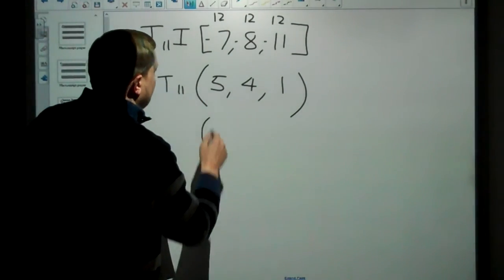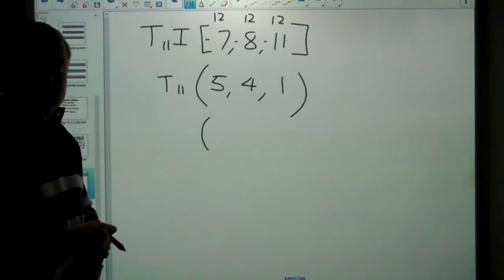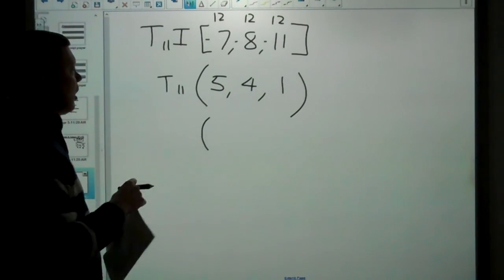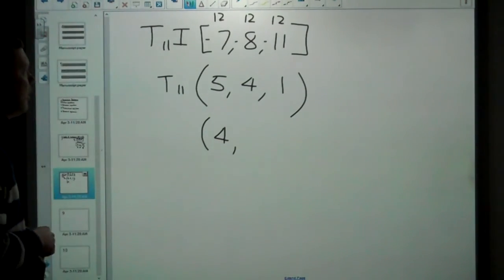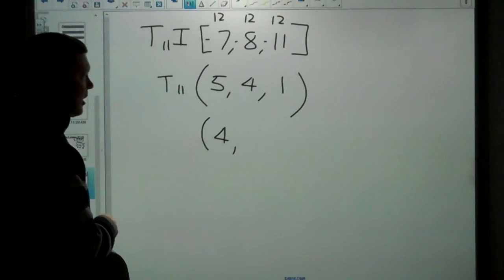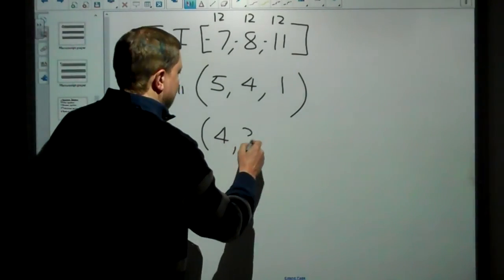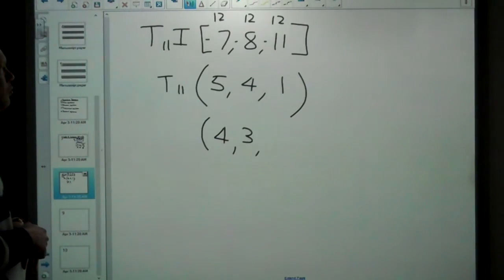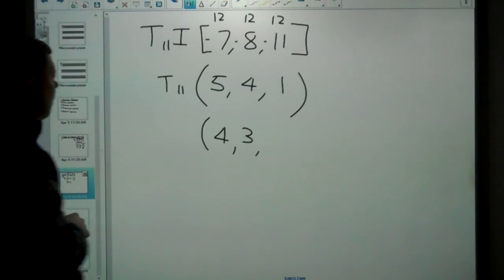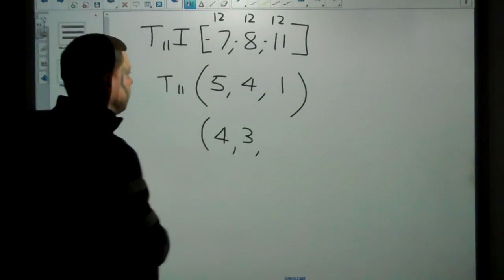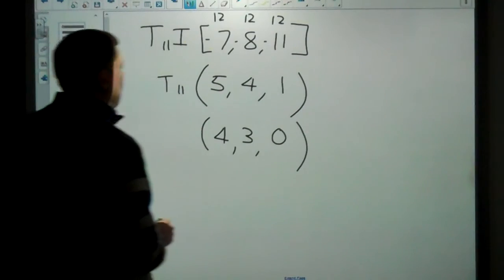What that's going to give us is, well, 11 plus 5 is traditionally 16, but that's too large, so subtract 12 from that and you get 4. 11 plus 4 is 15, which is beyond our range, so 15 minus 12 is 3. And 11 plus 1 is 12, which is a little bit too large, so subtract 12 and we get 0.